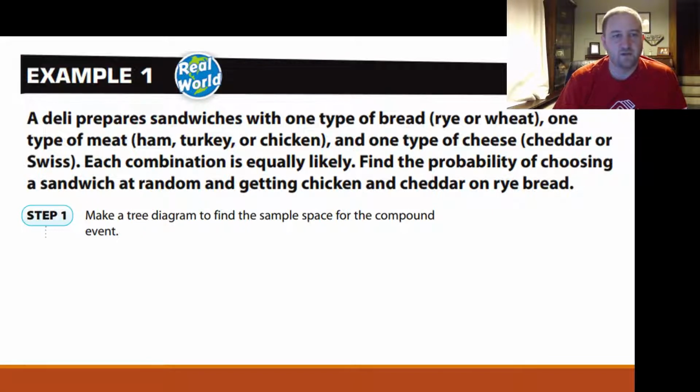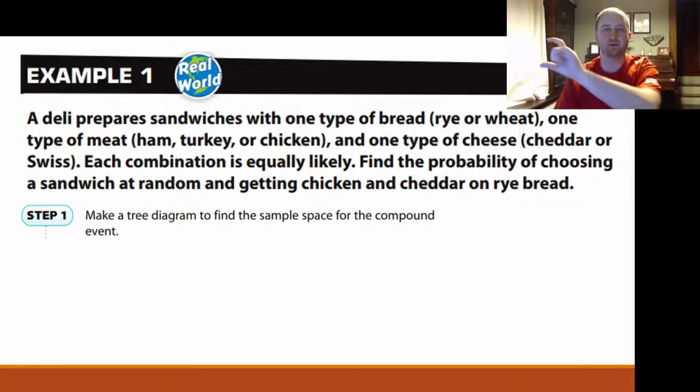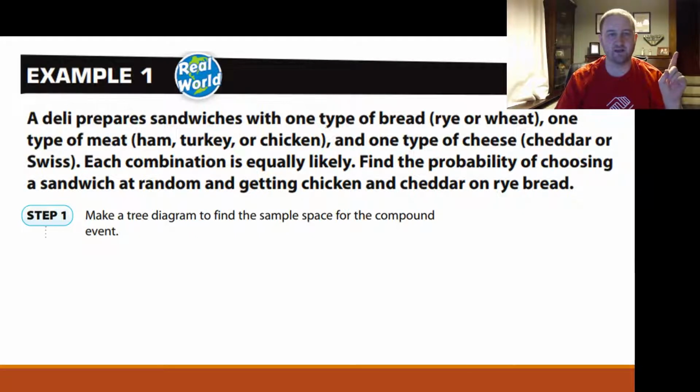Okay, so when you're doing a tree diagram, first you want to list all of the possible events that you can have. Our first event is we're going to pick a type of bread. So first we're going to list breads. And then I'll underline that. Okay. Our next choice is the type of meat.